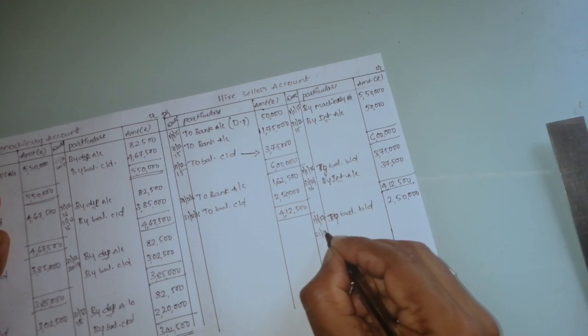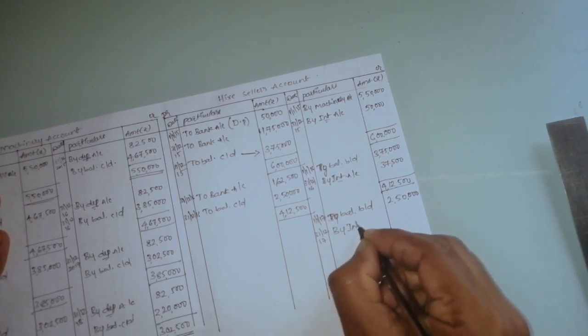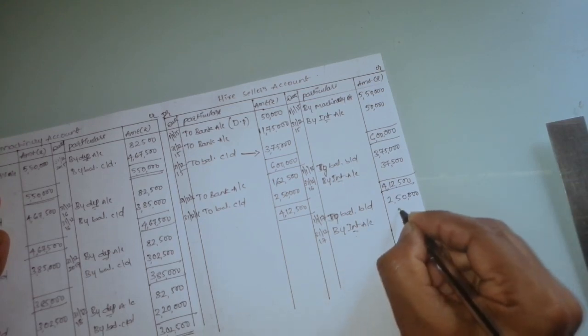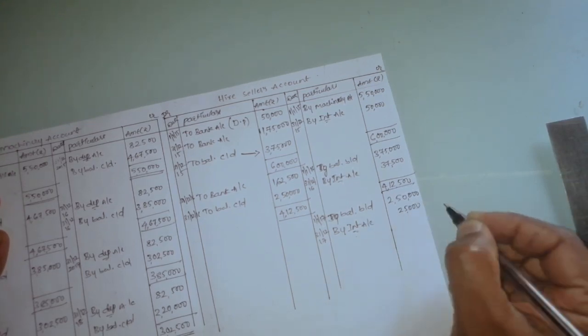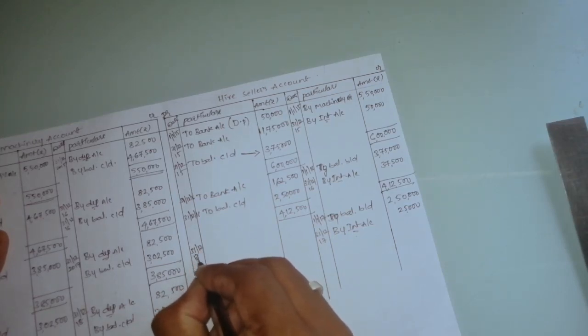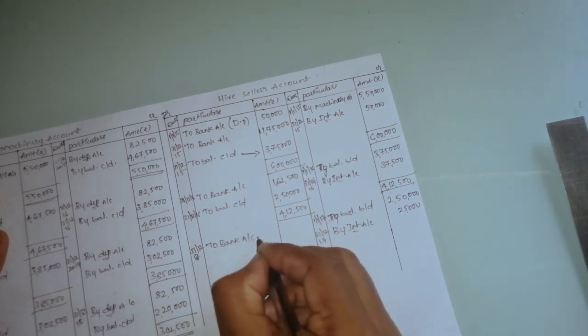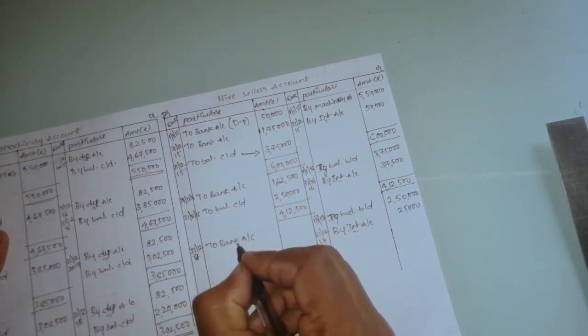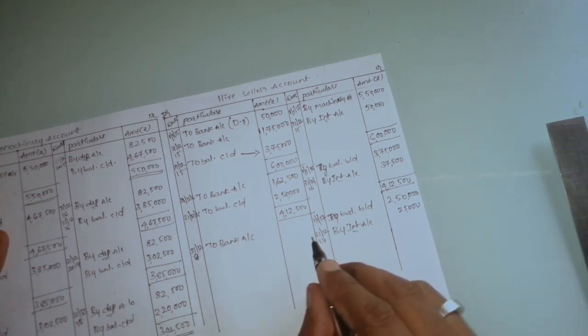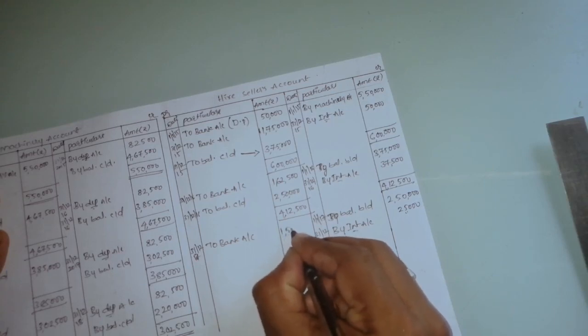On 31st 12 2017, by interest account 25,000. The third installment to bank account. Third installment, how much? 1,25,000 plus 25,000 of interest, 1,50,000.